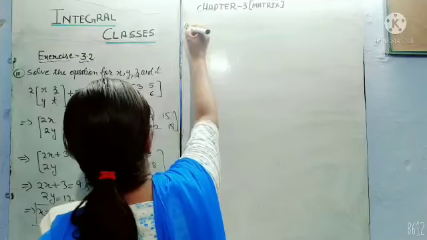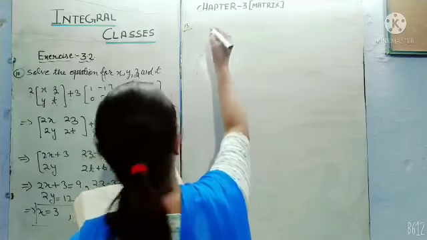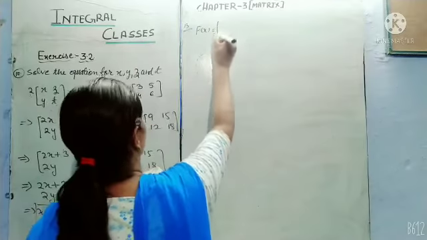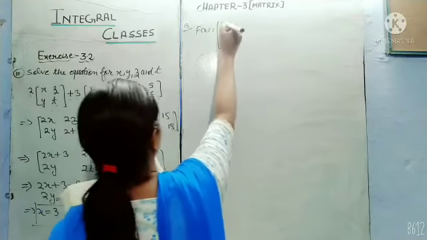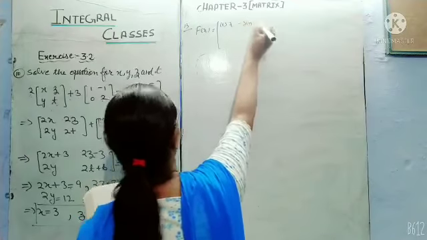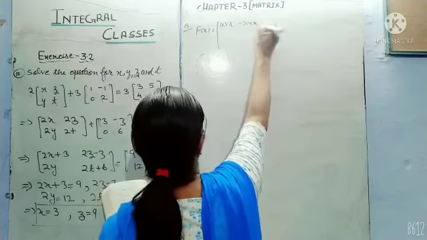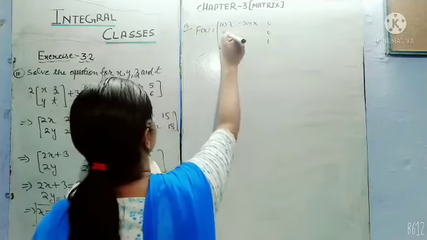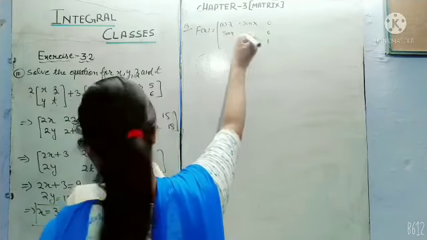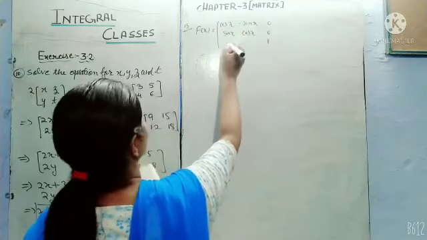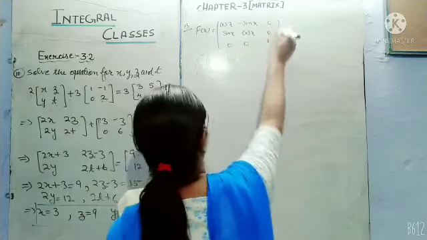Now question number 30, we have given here f(x) equal to the matrix cos x, minus sin x, 0; sin x, cos x, 0; 0, 0, 1.